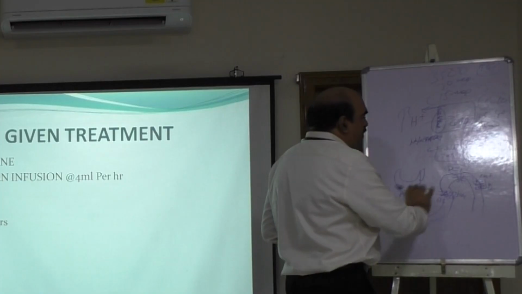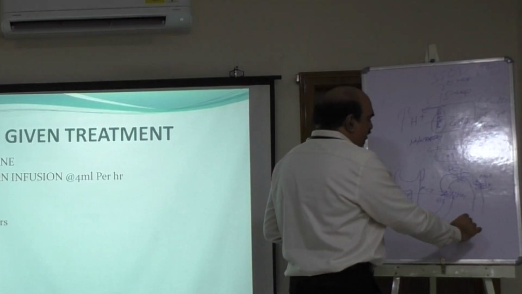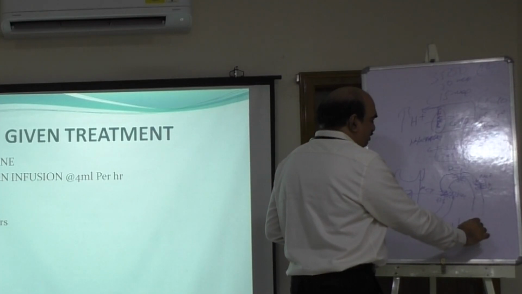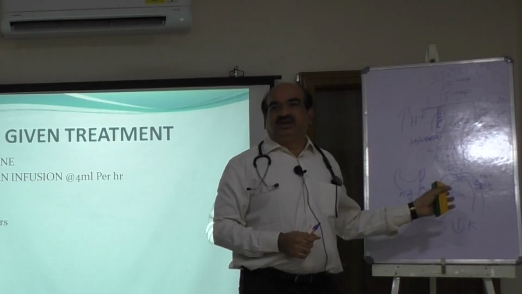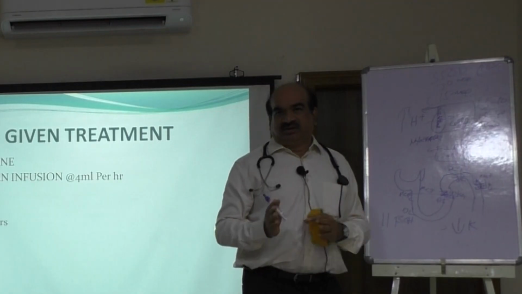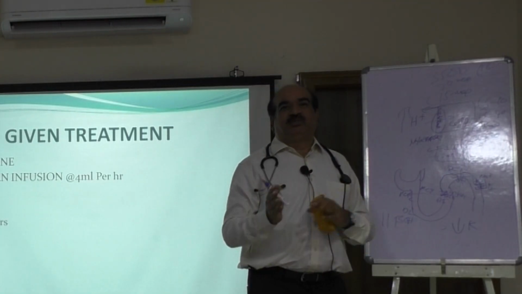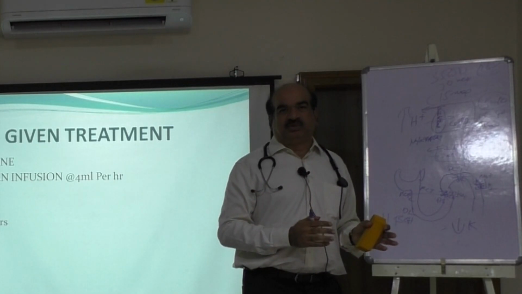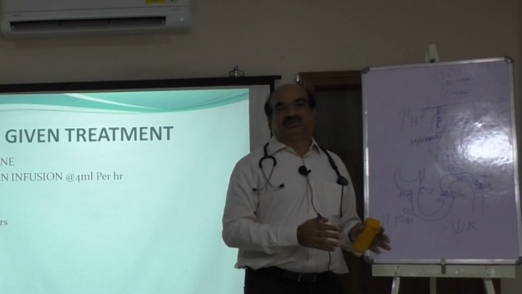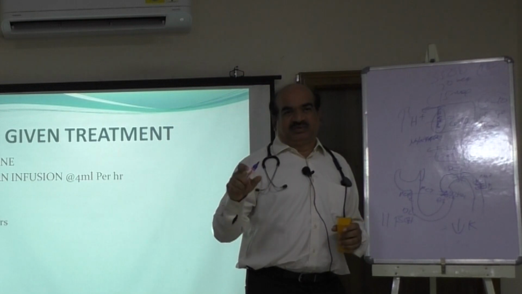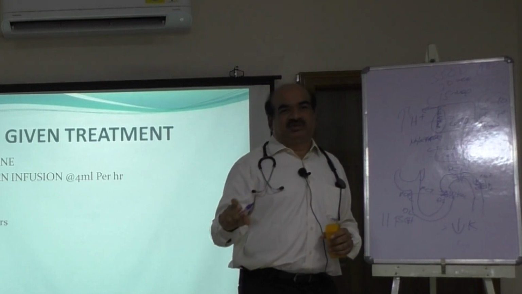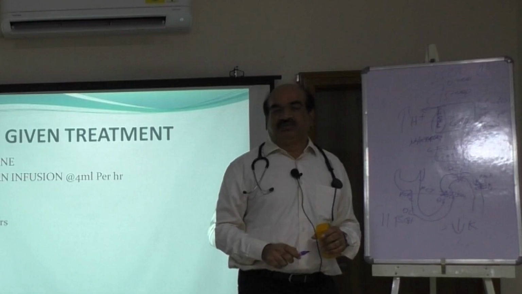So if you take total body potassium, suppose for a 1 milliequivalent per liter decrease, for example from 3.5 to 2.5, that is one change. There will be a loss of 200 to 400 milliequivalents of potassium from the total stores.